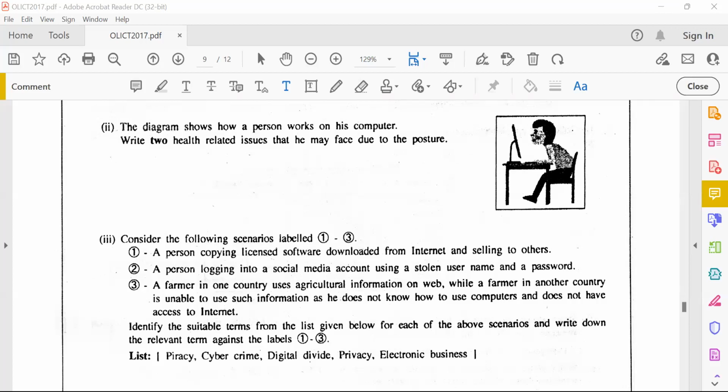Yes, headache, good. Eye pain, leg pain, arm pain. You can write any pain. Musculoskeletal problems, yes.